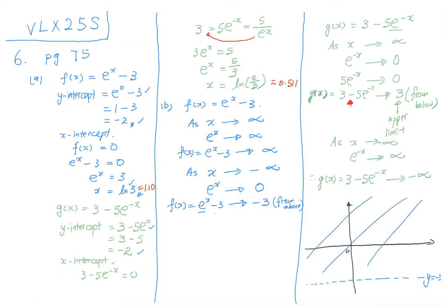The blue graph will be here, right? Above. Okay, the green one, because there is an upper limit, is 3. So the graph will be below here.